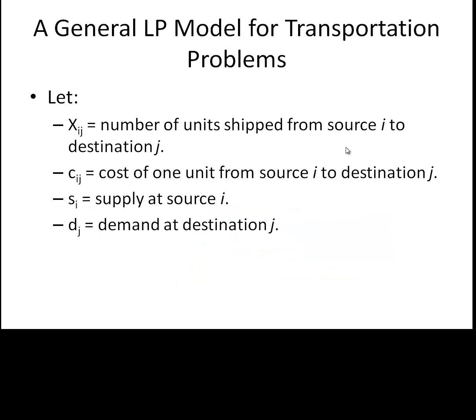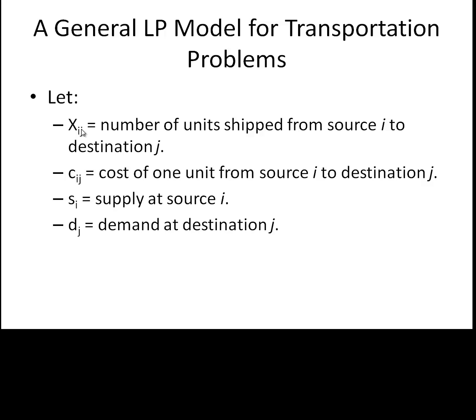So, what is our general linear programming model for transportation problems? Don't get hung up on the symbology. Here, we're saying that we're going to let each one of our connectors have an I component and a J component.